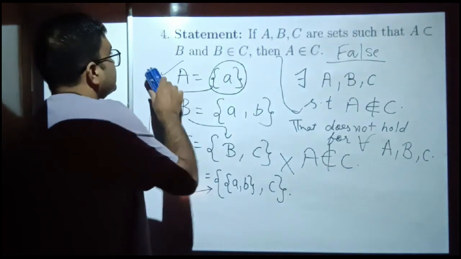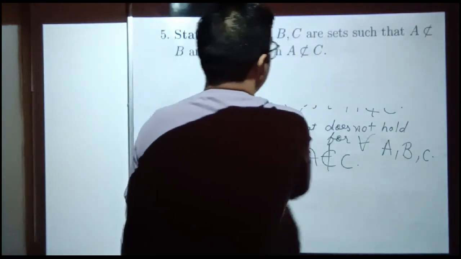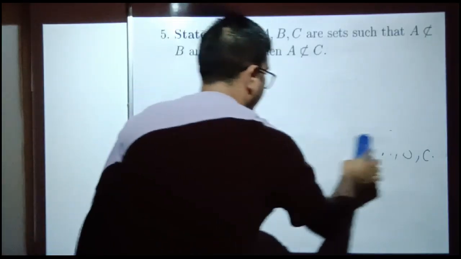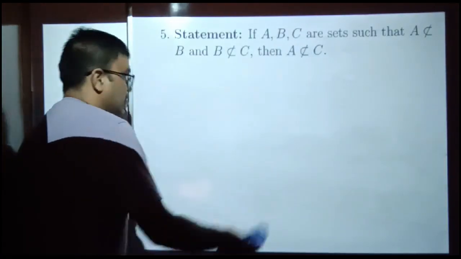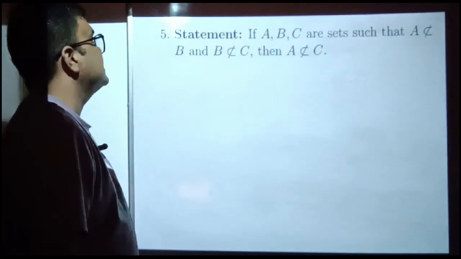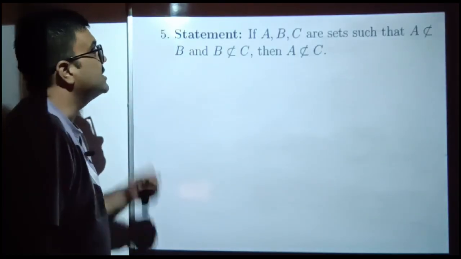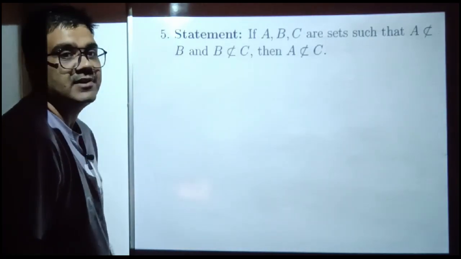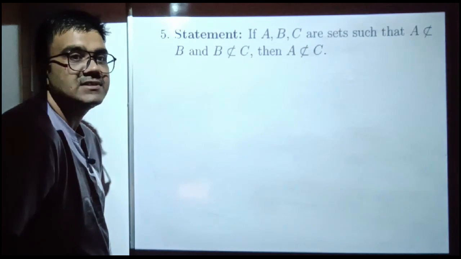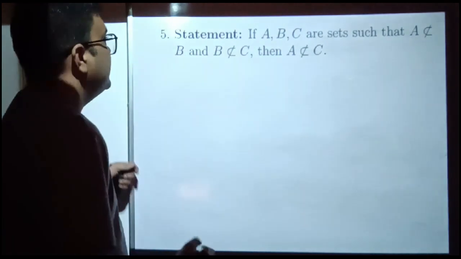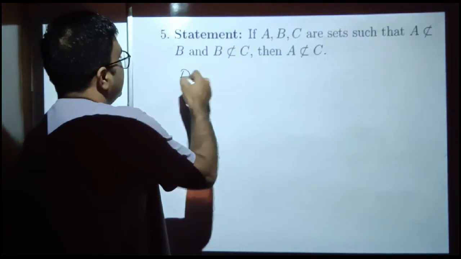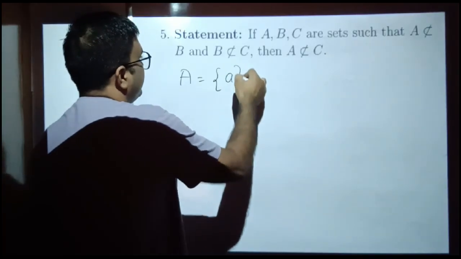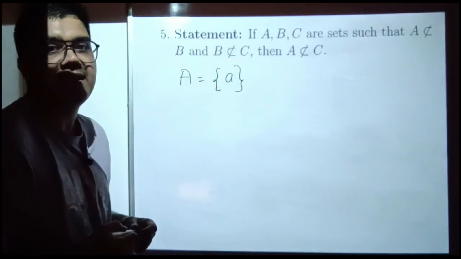Next, A, B, C are sets such that A is not a subset of B and B is not a subset of C. Then A is not a subset of C. This statement is given to us. Again, suppose A is having one element a.